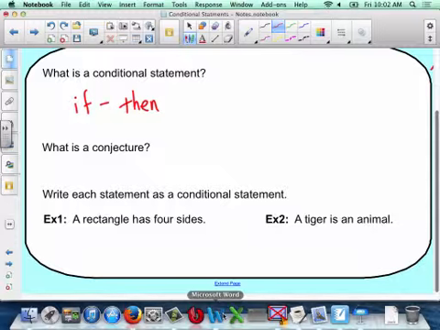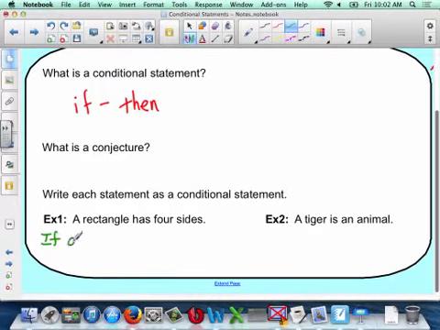So we look at number one. A rectangle has 4 sides. How could I write that as an if-then statement? If it has 4 sides, then it's... if what? You were almost right, except for that if part. So if what?